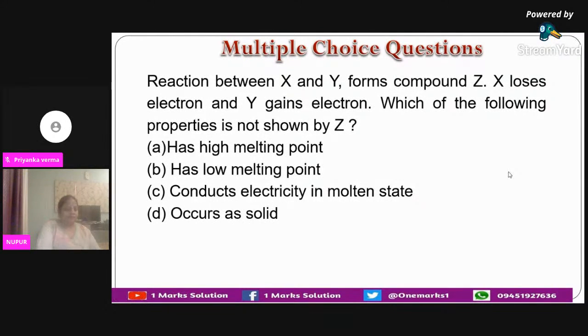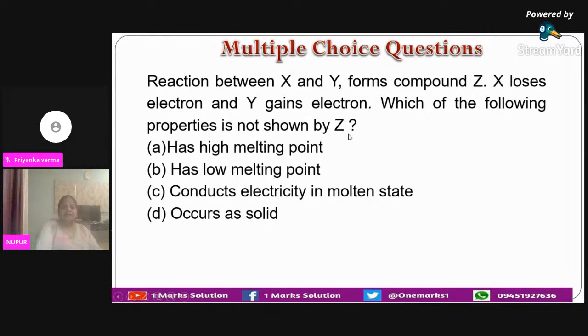Now, here is a roadmap type of question. Reaction between X and Y gives a compound Z. X is losing electrons and Y is gaining electrons. So by this statement, we know which type of compound Z is.